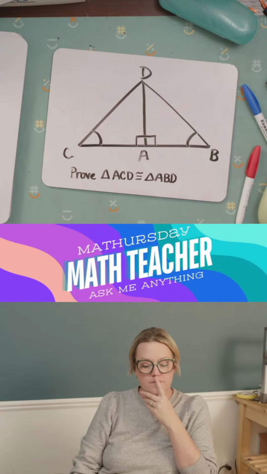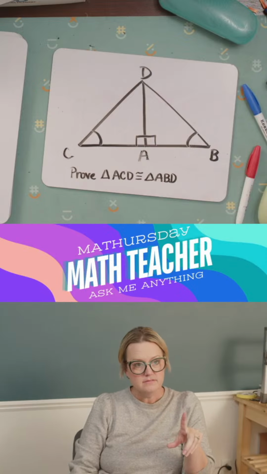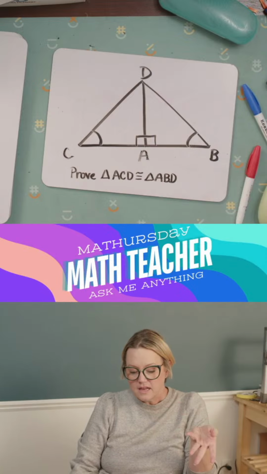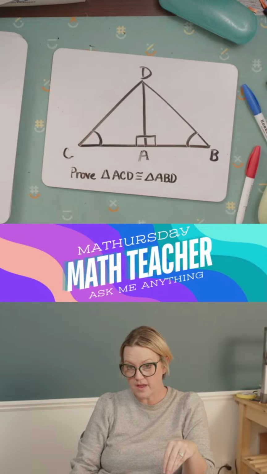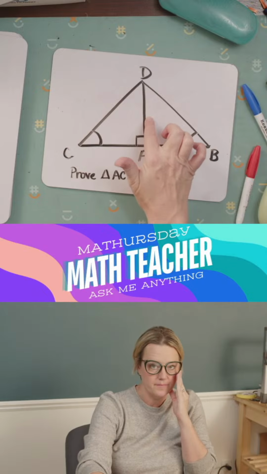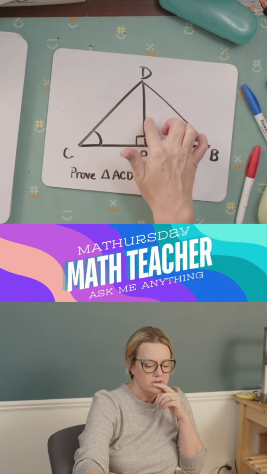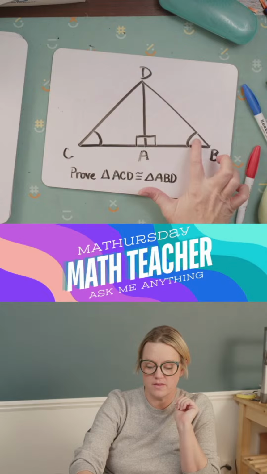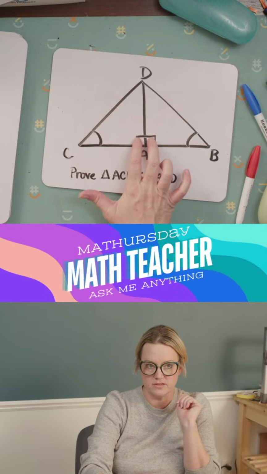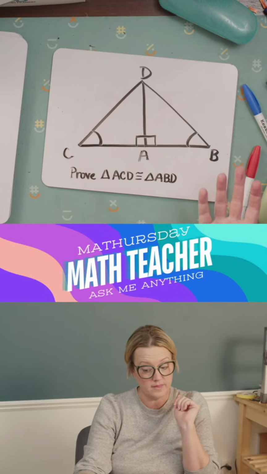All right, so it's a right triangle. Hypotenuse leg, we don't know the hypotenuse, but we do know this leg. The only information that we're given are that these 2 angles are congruent and this angle is congruent. Or so you would think.